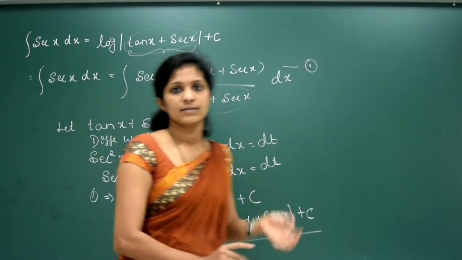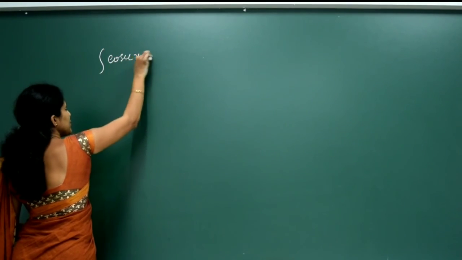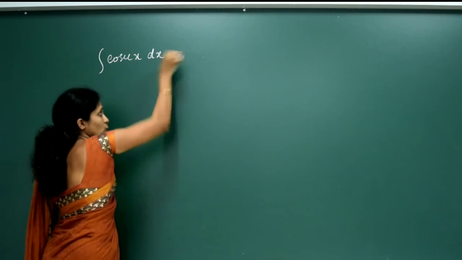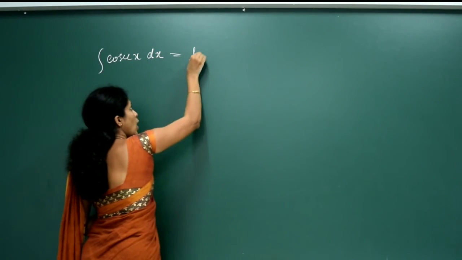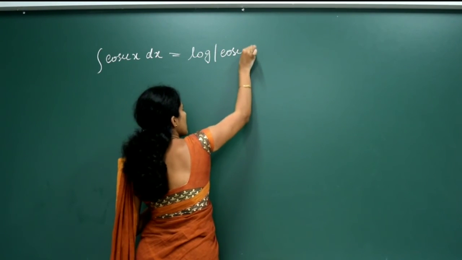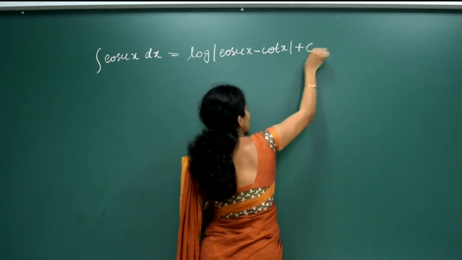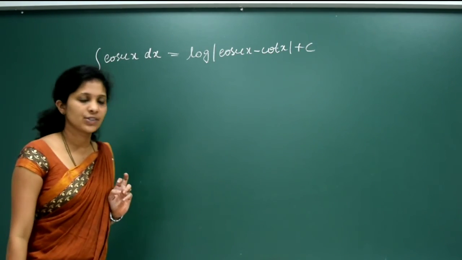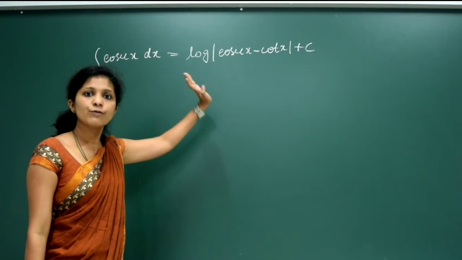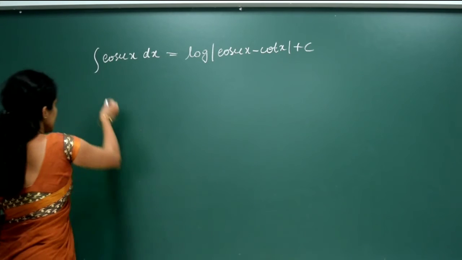We'll see that formula. Integration of cosecant x dx is equal to, remember, log mod of cosecant x minus cot x plus c. Let us start with this.